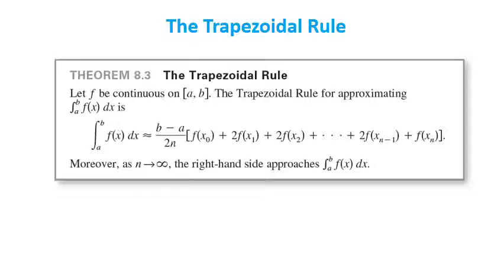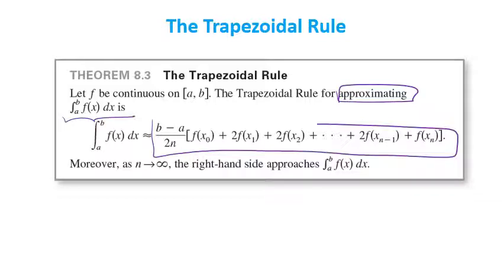It's important to notice that the function must be continuous on an interval, and it's used for approximating this integral. And here's the formula which you will follow. This is something you'll want to refer back to. n is the number of trapezoids.